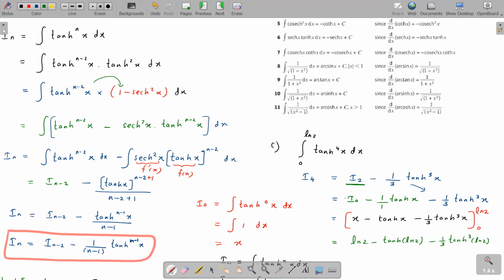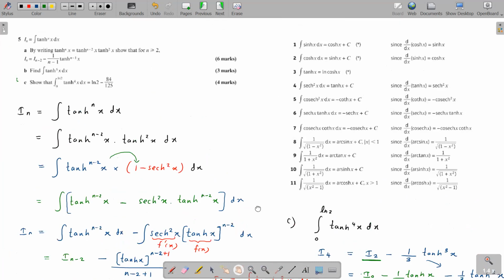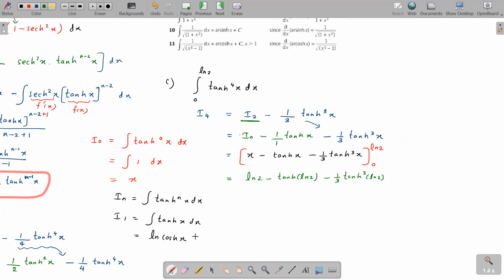Are you with me? We need to show that, right? Minus, replace with 0: 0 minus tan 0 minus 1 over 3 tan cube 0.